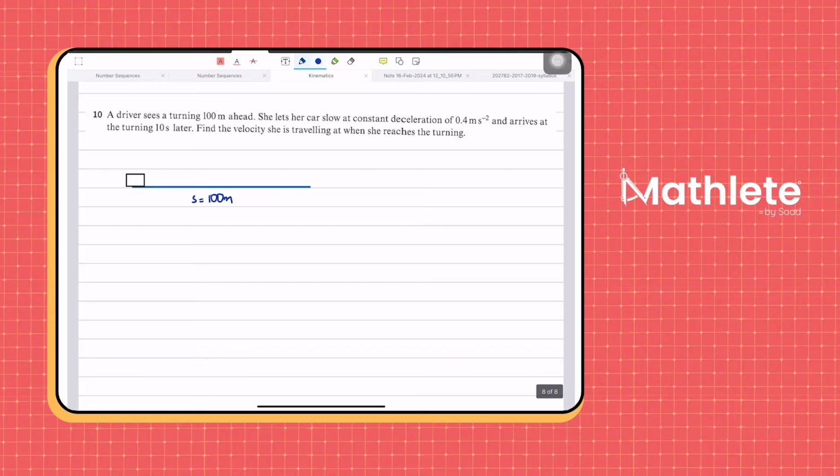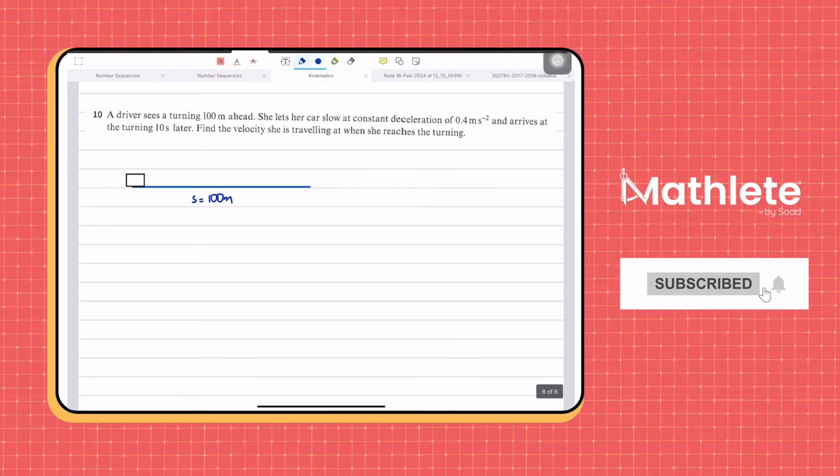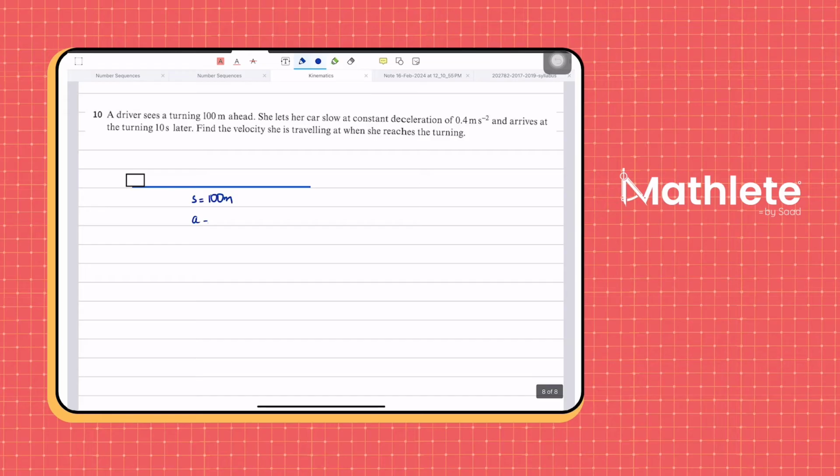Now, if the constant deceleration is 0.4, can I use 0.4 in any of the equations, considering that it's deceleration? Will I be using 0.4 or will I use something else? Minus 0.4. Okay? Because in the equation, we enter acceleration, which is why if it's decelerating, we put it with the minus sign.